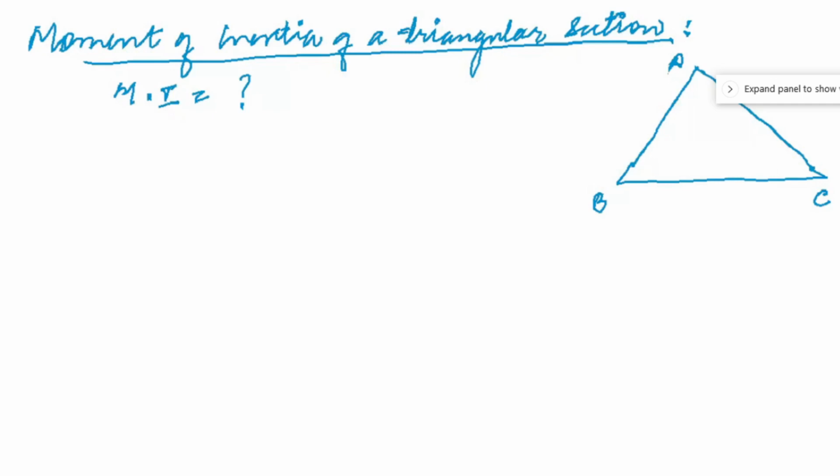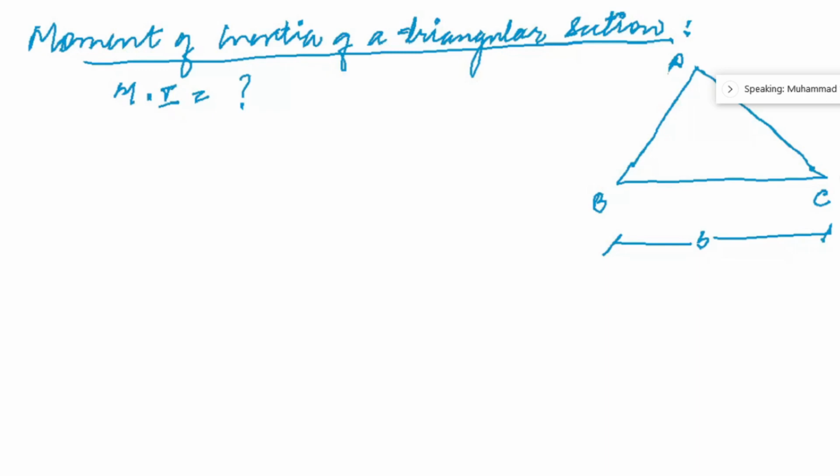Now what we will do? Let's say it has a width of B and a height of H. This is the width of the triangular section, and H is the height of the triangle section.